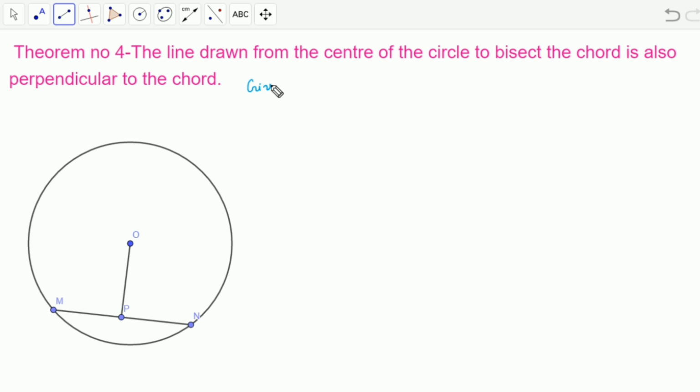Given: a circle C with center O and radius R, right? Also it is given MN is a chord of the circle, right?